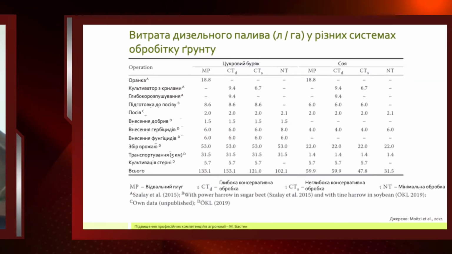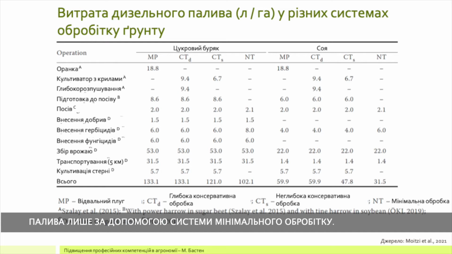The picture in soybean looks very much the same, so significant reduction in fuel consumption only with a no-till system. If you have a subsoiler in the reduced tillage system, it's not really the difference between plowing and non-plowing.